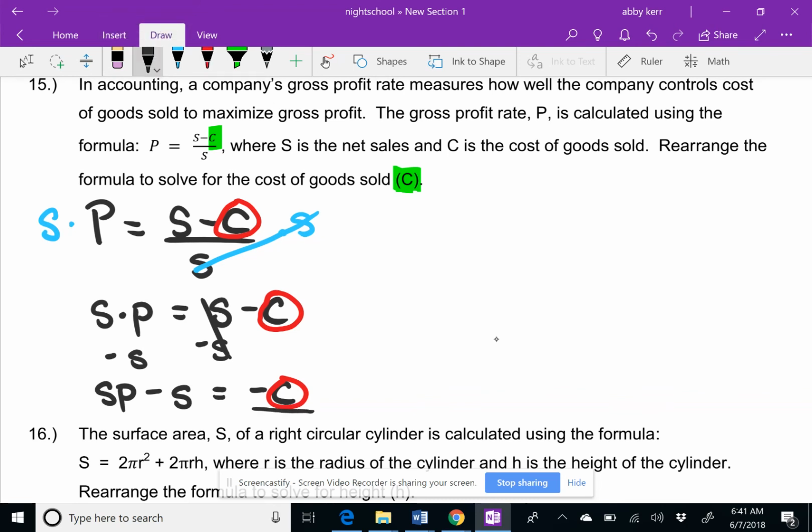That negative is really -1, so we can divide everything by -1. So then we have C equals SP divided by -1 is negative SP. Negative S divided by -1 is a plus S.